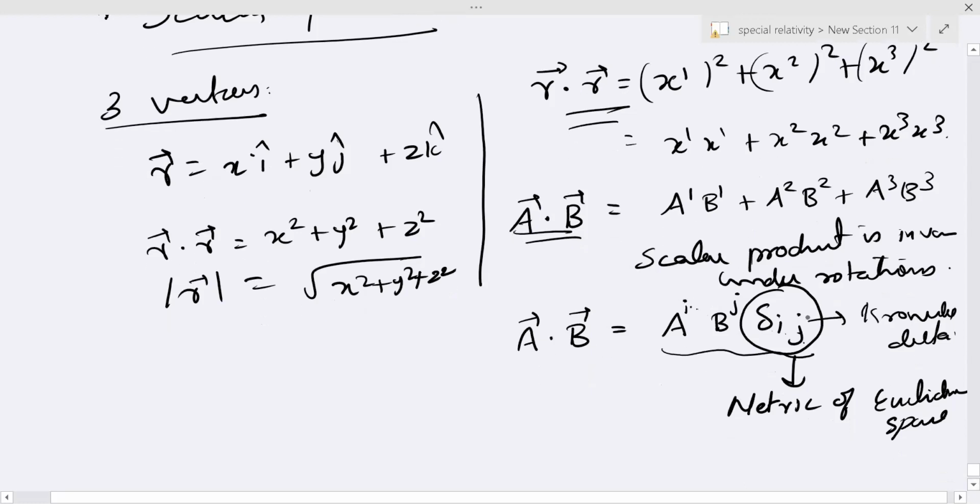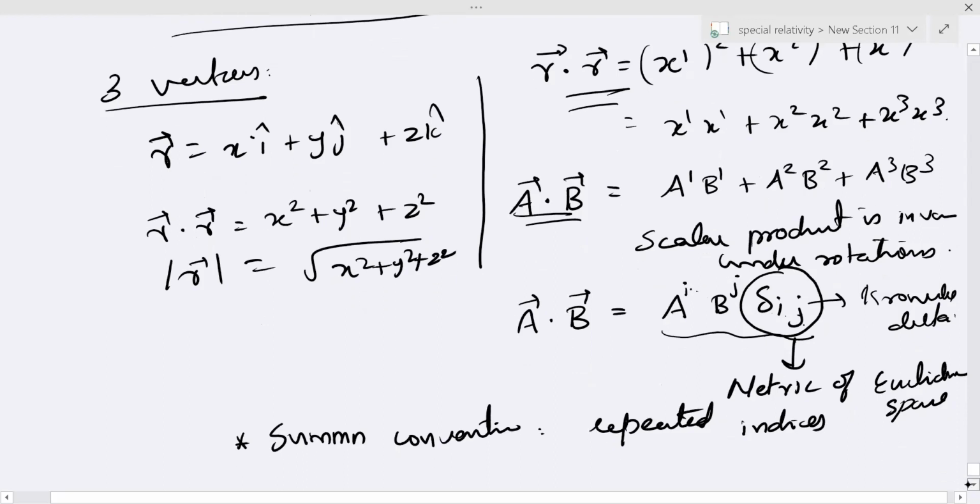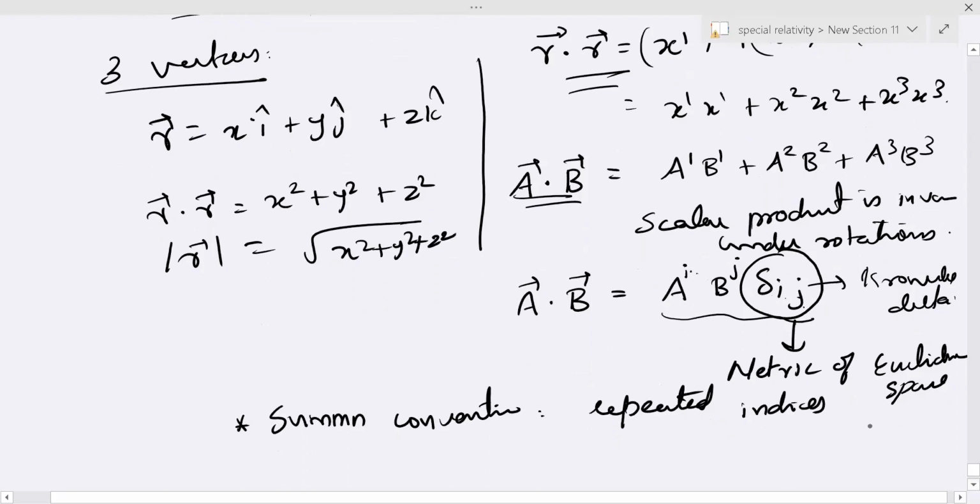And remember, for summation, I'm already using a convention. It's not just a repeated index, but one index on top and one index downstairs. One upstairs index and one downstairs index. So we have just refined our summation convention. Repeated indices, in a specific way: one upstairs and one downstairs.